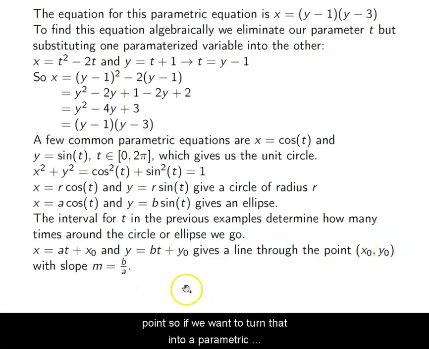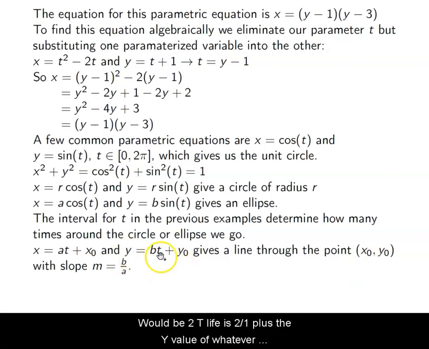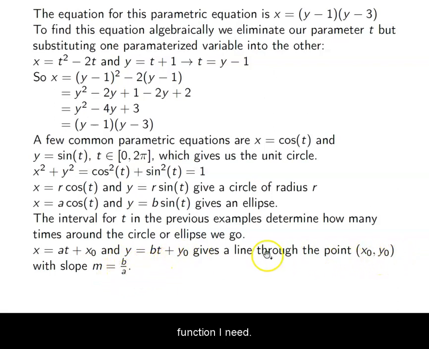If we want to turn that into a parametric equation, we understand that 2 is 2 over 1. So x would be t plus the x value of whatever point I decided to choose, and the y function would be 2t, because it's 2 over 1, plus the y value of the point I need my function to go through.